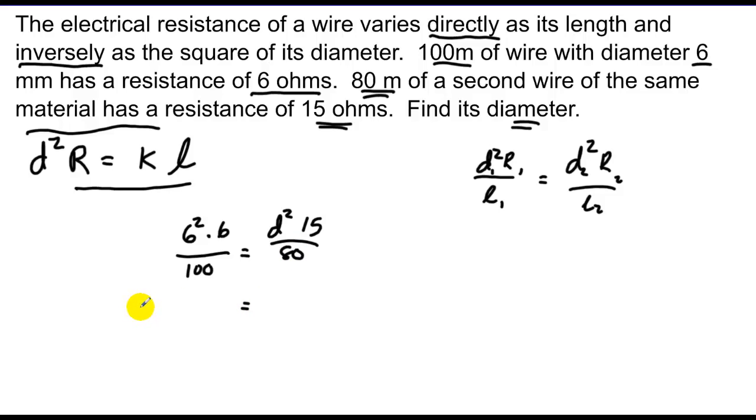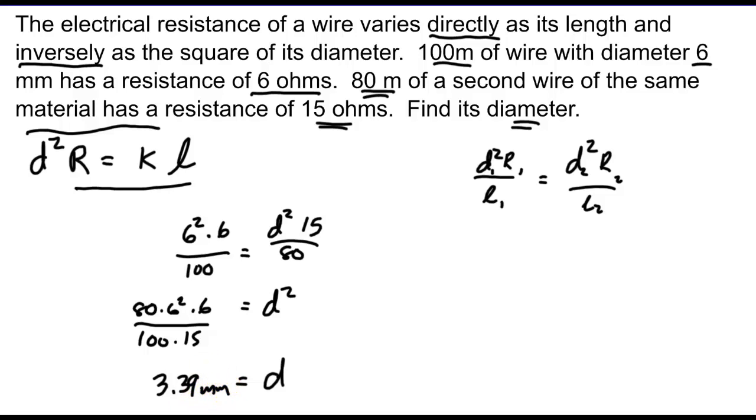I take 80 times 6 squared times 6, put that over 100 times 15, and I'll have to take the square root of that when I'm done. And that will give me approximately, if I go to the 100th, 3.39 millimeters.